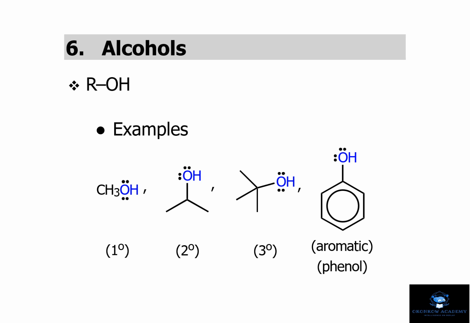A special case is the phenol, where OH is attached directly to an aromatic ring. Phenols are significantly more acidic than regular alcohols due to resonance stabilization of the phenoxide anion, which we can look into. Methanol and ethanol are the simplest alcohols.